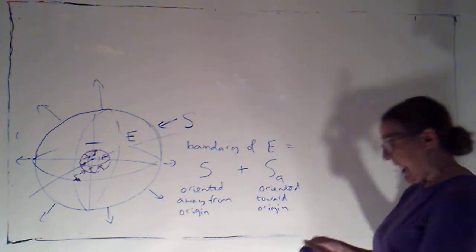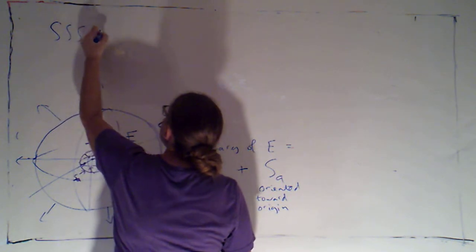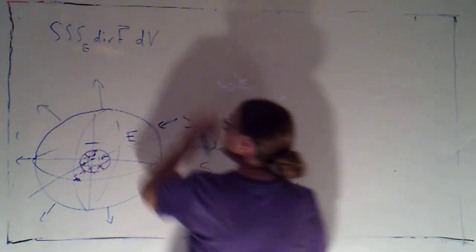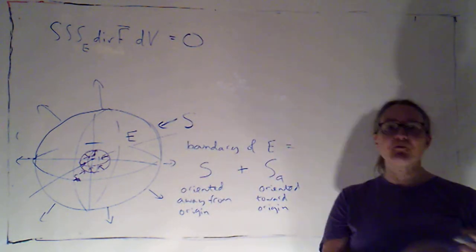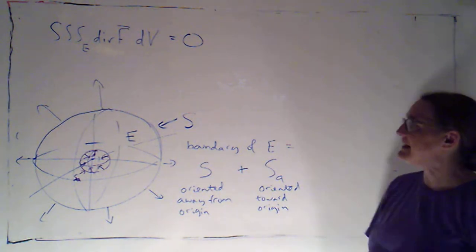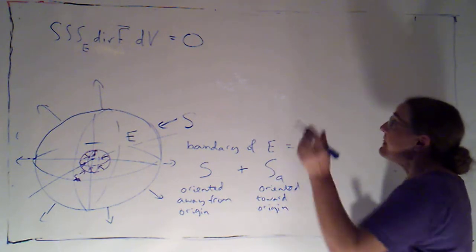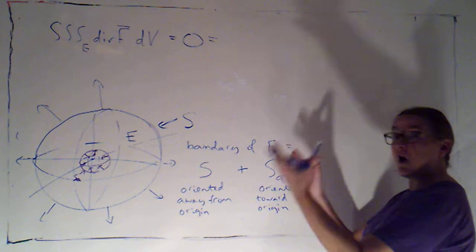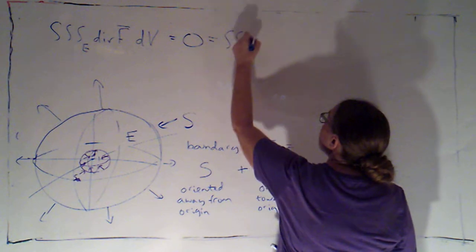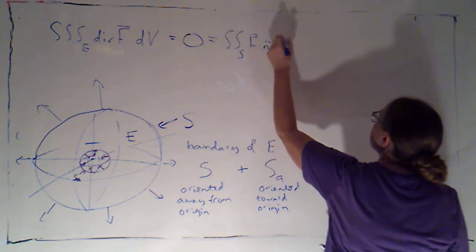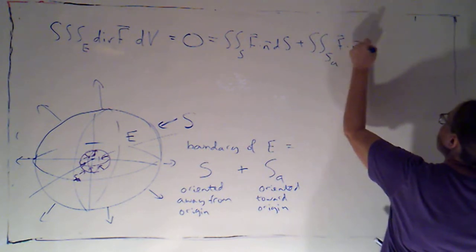And then I can say, okay, I know that the triple integral along E of the divergence of F dV is equal to 0, because the divergence of an inverse square field, and remember we're working with an inverse square field for this problem, is equal to 0. But I know by the divergence theorem that that's supposed to be the flux integral over the boundary of E. So that would be the double integral over S of F dotted with N dS plus the double integral over S sub A of F dotted with N dS.